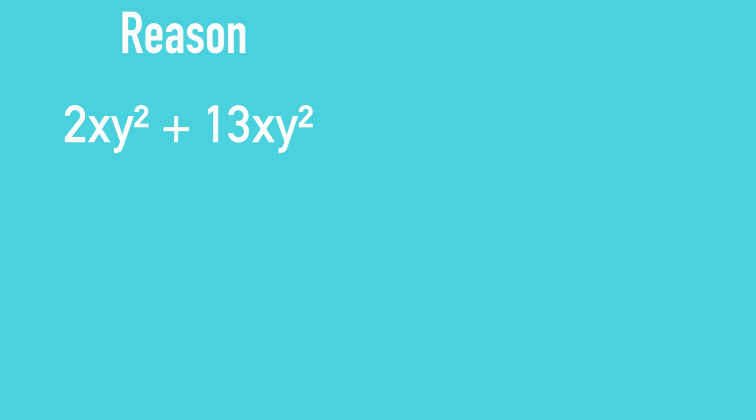Let's start with adding and subtracting powers. Consider the expression 2xy squared plus 13xy squared. We can factor this expression by reversing the distributive property. Looking at the two terms, they share a factor of xy squared, so we will factor this out. When we factor something out, we divide it out from the terms of the original expression and place it in front as a multiplier.